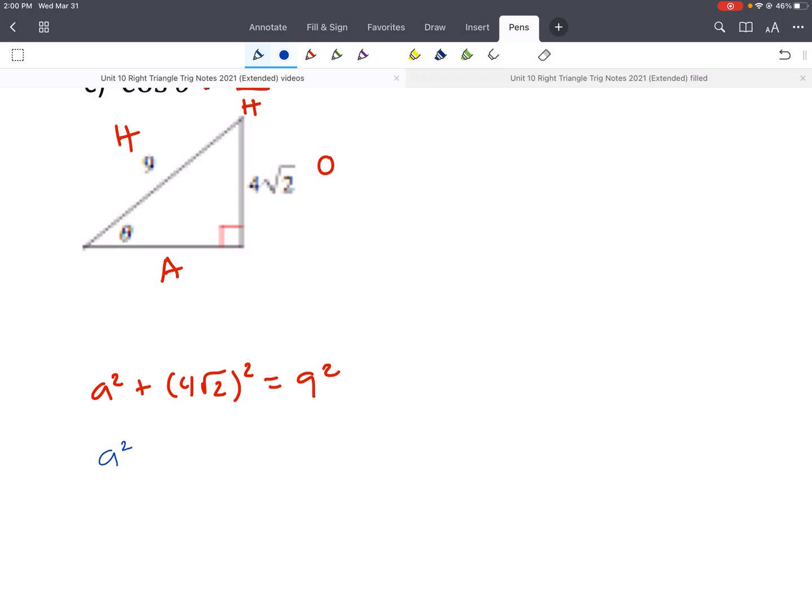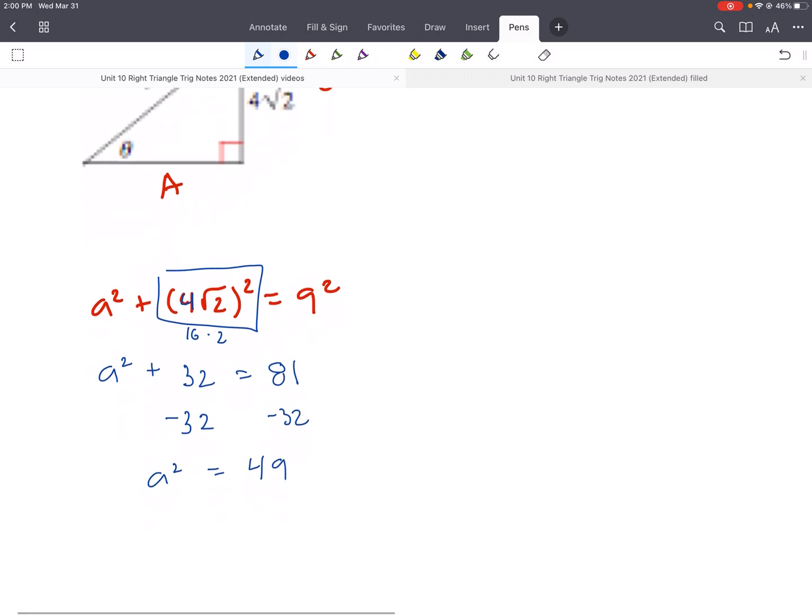Here you could just plug that into your calculator, but 4 squared is 16, and the square root of 2 squared is 2, so that's 32 is equal to 81. We can subtract the 32. A squared is equal to 49, and that's a nice number. Square root both sides, we get a equals 7.